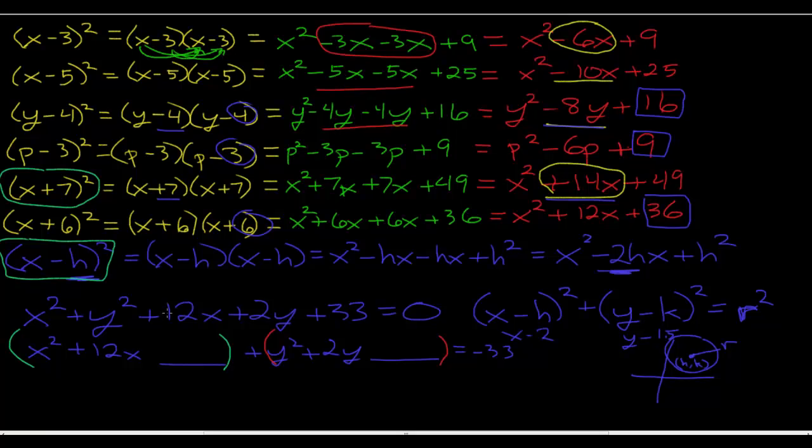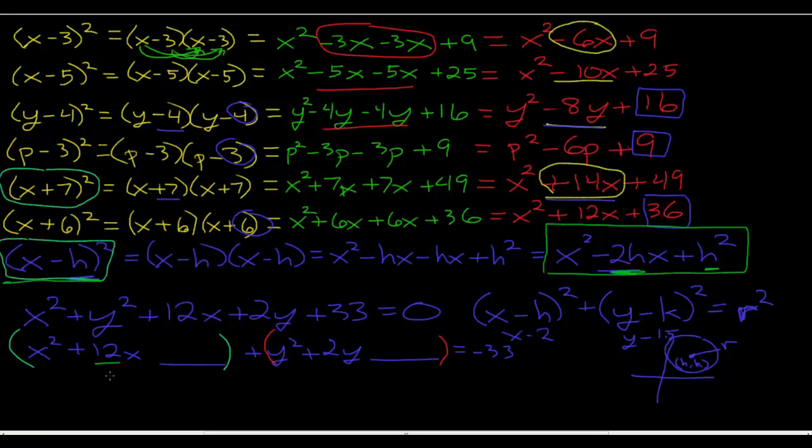If we're going to make this a perfect square, if it has to hold to this pattern, we see that the middle piece has to be 2h, and then the last piece has to be h squared. So if the constant here is 12, what does h have to be?